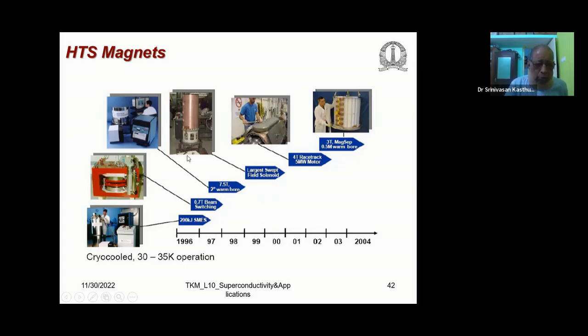7.5 Tesla warm bore superconductor magnets are also built by different companies. The largest swept field solenoid has been built with high temperature superconductors, and a 3 Tesla magnetic separator with 0.5 meter warm bore superconductor magnets has been built. These have happened over the years, from 1996 to 2004.